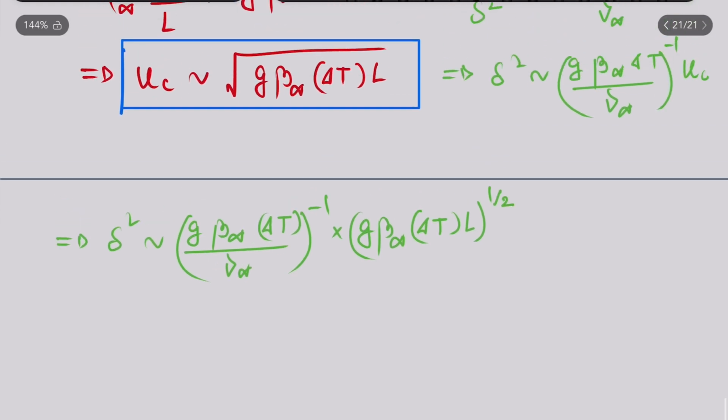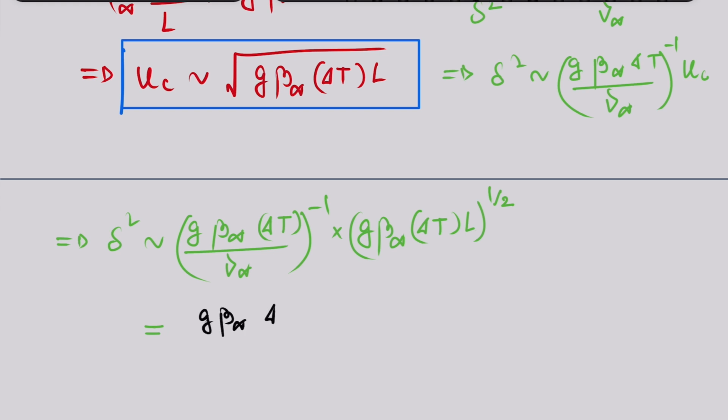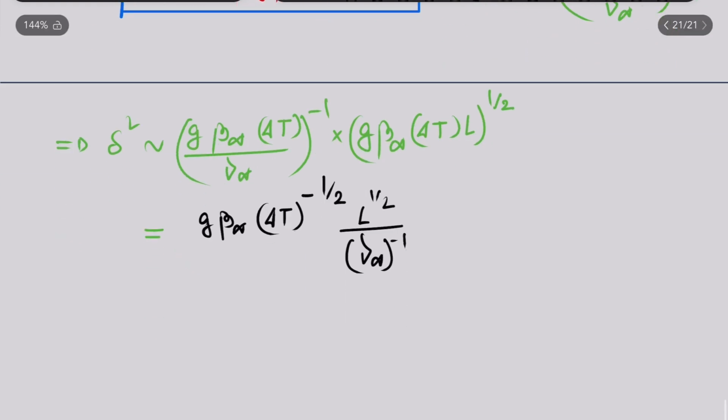So what I have done is I have put this value of UC, this order of magnitude of UC here. So this will be equal to what? G beta infinity delta t, okay. So I will take this term, so this will be minus half L to the power half and nu infinity whole to the power minus 1, okay.